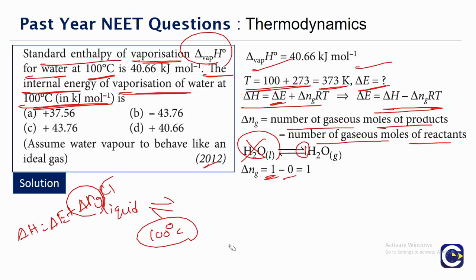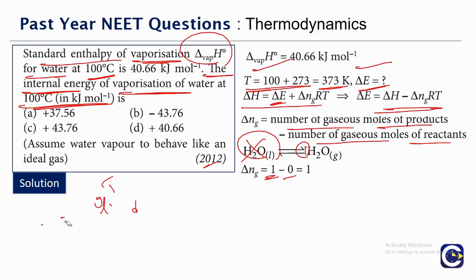On the reactant side there is no gas, it is liquid. The delta Ng formula is the number of gaseous moles in the products minus the number of gaseous moles in the reactants, so delta Ng is 1 minus 0, because on the reactant side the number of gas moles is 0. Whenever you are calculating the delta Ng value, we do not consider the solids or the liquids.